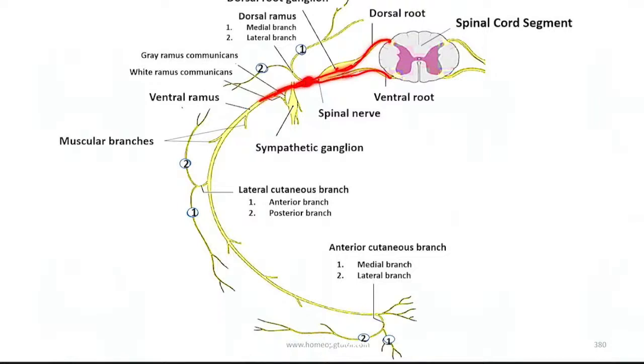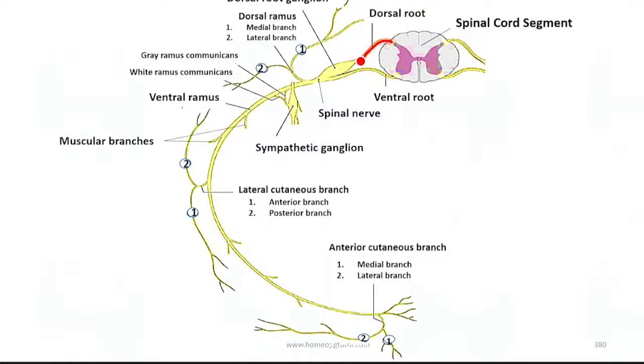After the spinal nerve is formed, it divides into a dorsal ramus and a ventral ramus. Rami are nothing but the divisions, the anterior division and the posterior division, as we speak of them. Fine.